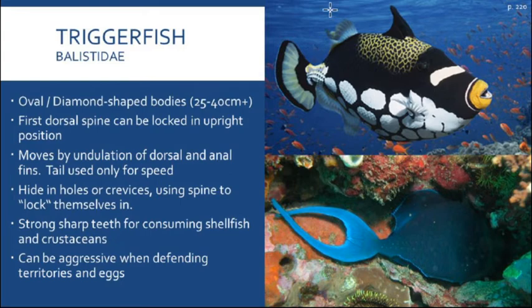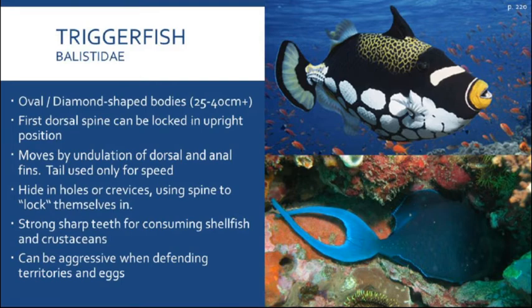They undulate the dorsal and the anal fins. And then they will use their tail if they need a little bit of speed. So whether they're being chased or feel a bit threatened, they'll use their tail. But for just normal, relaxed swimming, they will undulate those dorsal and anal fins.